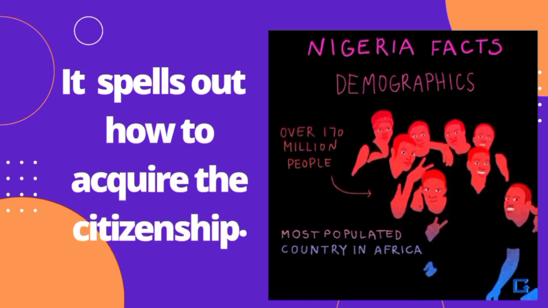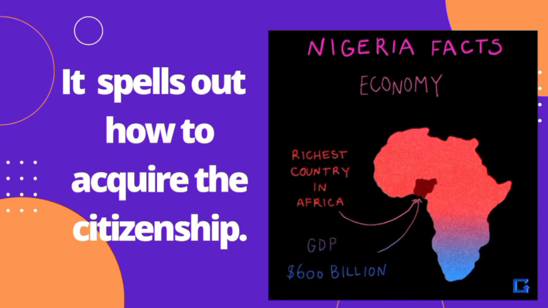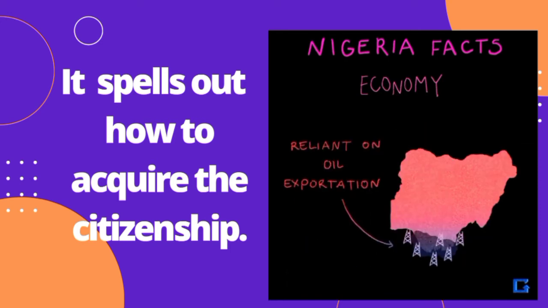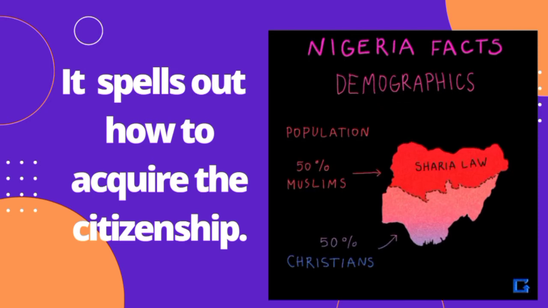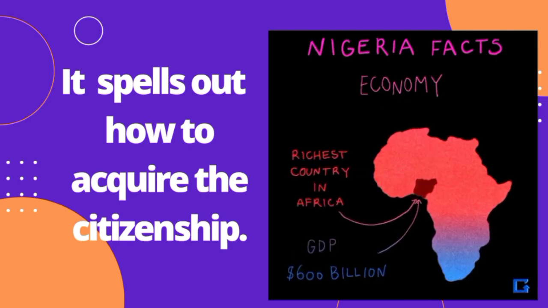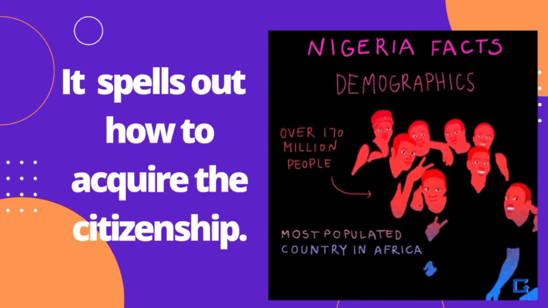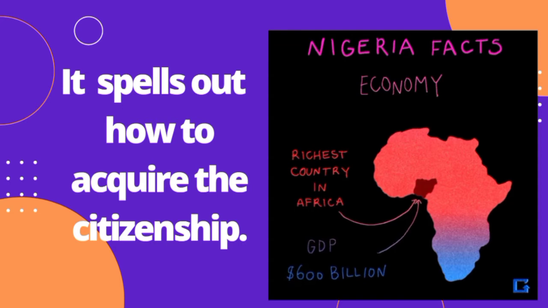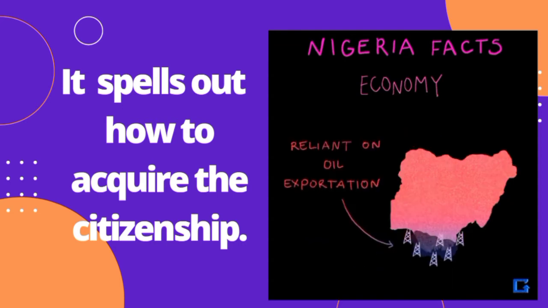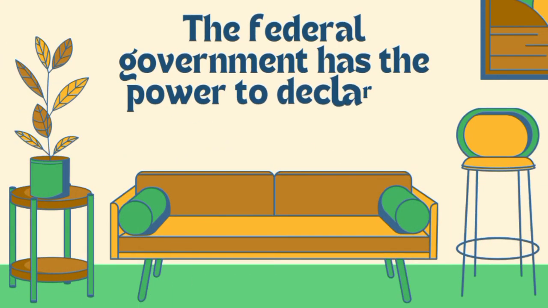And the Constitution also spells out how one can acquire the citizenship of Nigeria. It defined who a citizen was and how one can become a citizen, the necessary conditions one must fulfill in order to naturalize and become a Nigerian citizen.